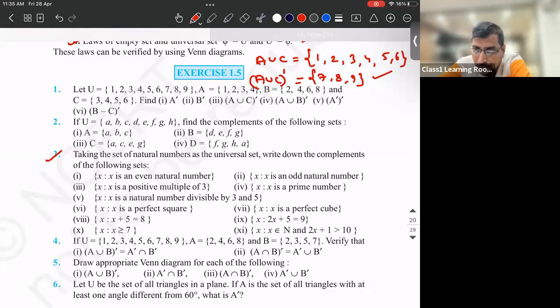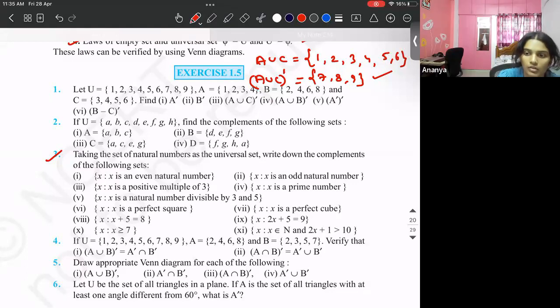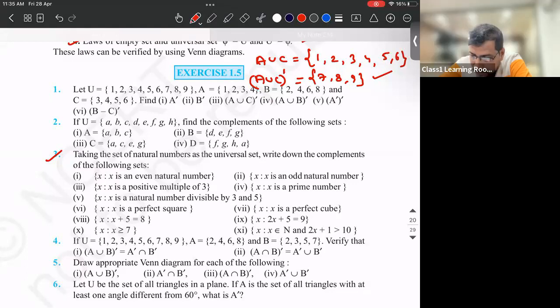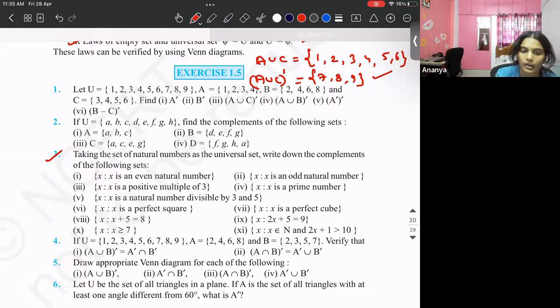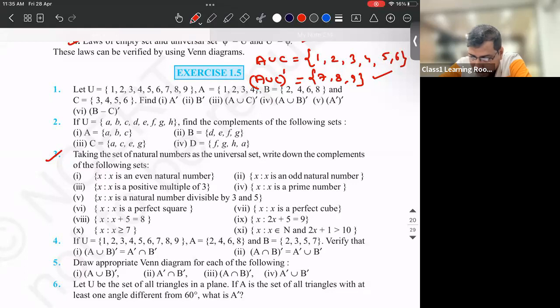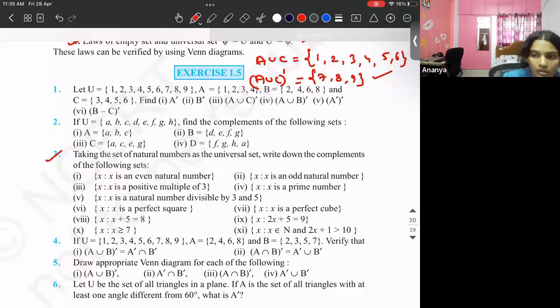X is a prime number. Composite numbers. Yes. So X is a natural number divisible by 3 and 5. All natural numbers that are not divisible by 3 and 5. X is a perfect square. Obviously, X will not be a perfect square. It's not a perfect cube.